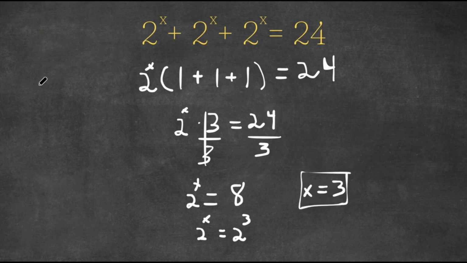So this is our answer. Now, if I plug this into our equation, we have 2 to the power of 3 plus 2 to the power of 3 plus 2 to the power of 3 is equal to 24.